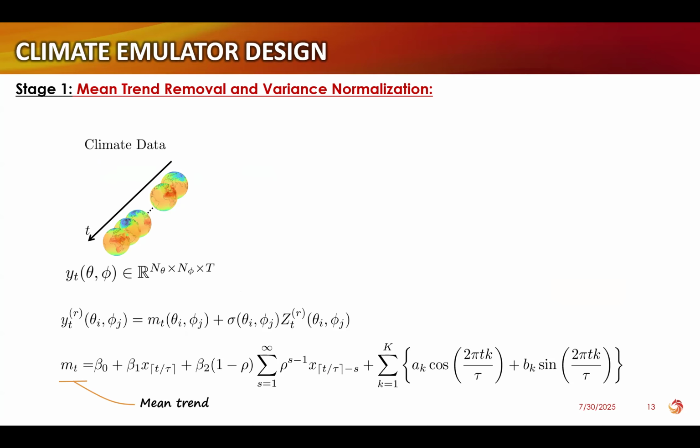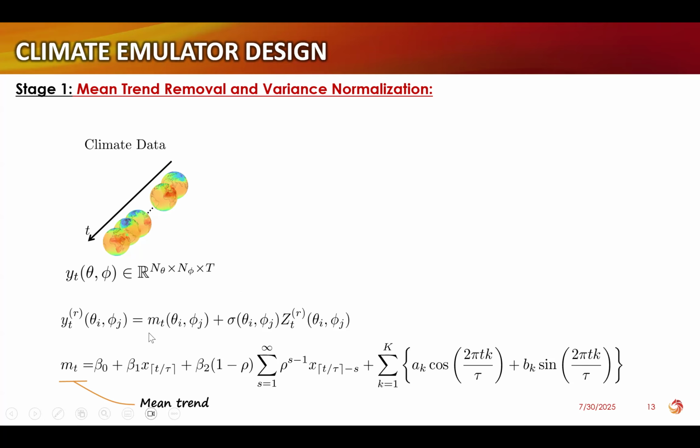Once we get this data, which is defined over 3 dimensions, in the first step we remove the mean trend. The mean trend varies over time for each spatial location. We model the data as the mean trend part, MT, plus some variance, sigma, times ZT, which is the stochastic part. R is the number of realizations; since we only have one realization, we keep R equal to 1.